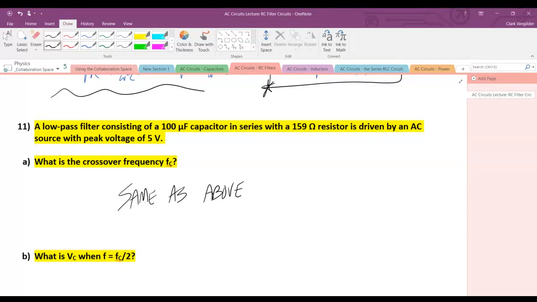I was picking and making up problems, and then I didn't realize that it's the same thing. So I'm not going to just write the same thing over again. Same as above with the condition of these other values.